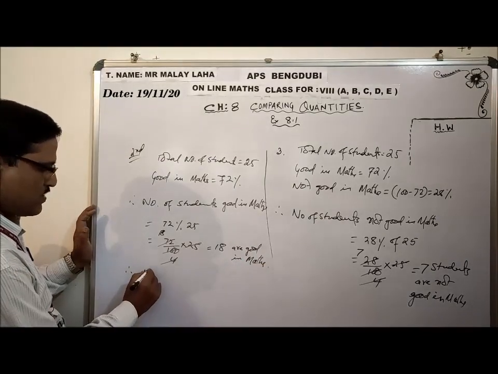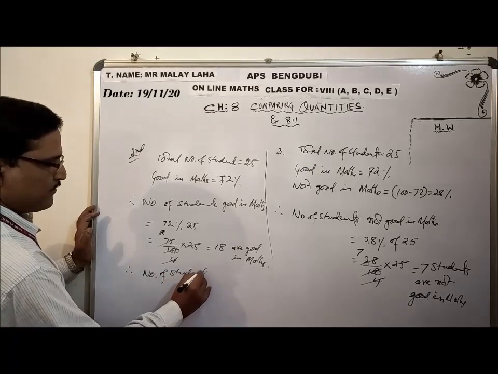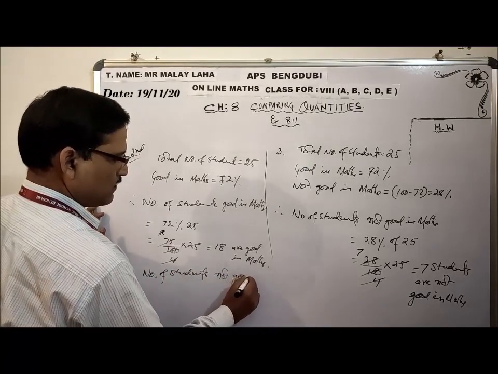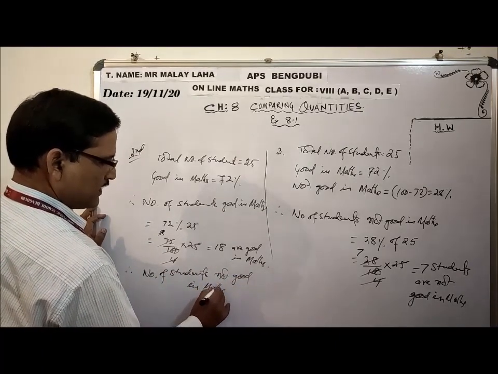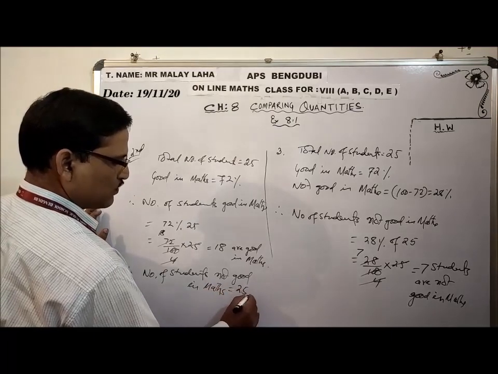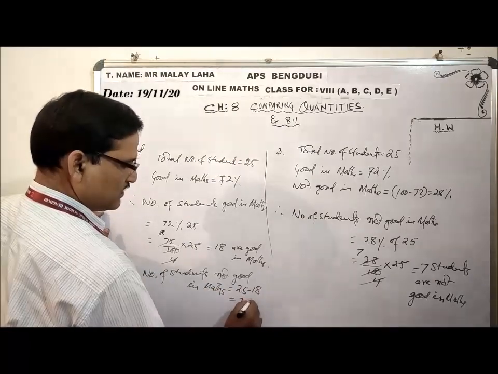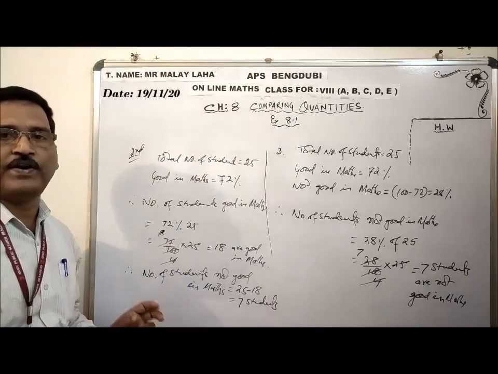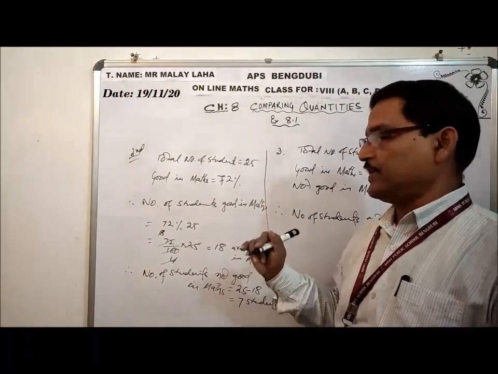Therefore, the number of students not good in maths equals the total number 25 minus 18, which equals 7 students. So this is also a way to find our required number when it is not given directly.